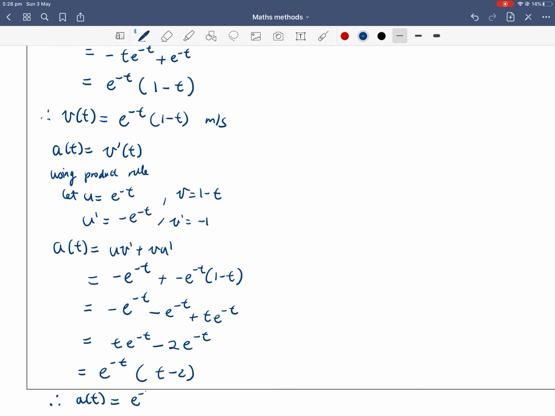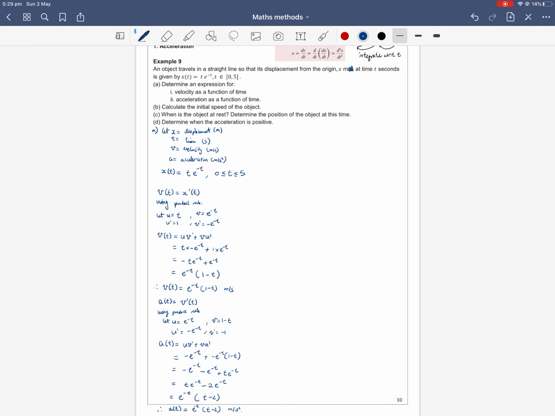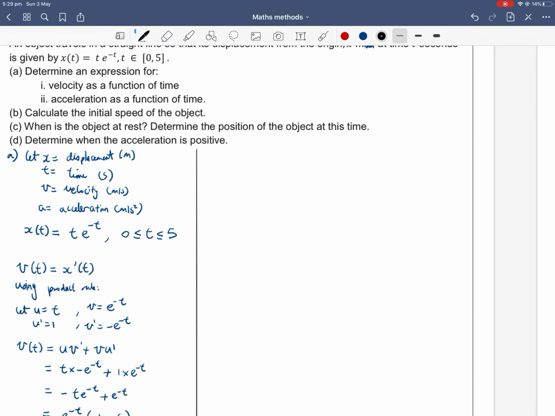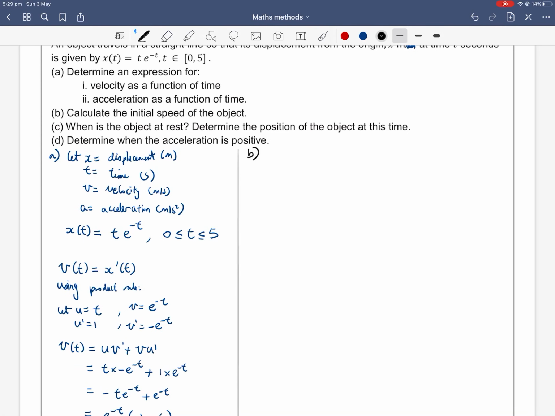So the acceleration function is e to the negative t times t minus 2 meters per second squared. You finish off with units. All you need to remember is if you differentiate displacement, you get velocity, and then if you differentiate velocity, you get acceleration as a function of time.